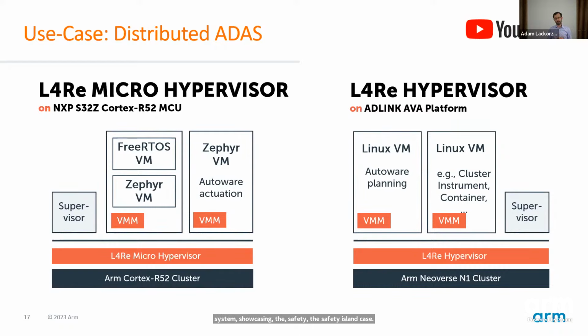This Autoware actuation component is running on the R52, doing actuation work, and all the heavy computing with route planning and so on is done on the powerful Neoverse system. In this demo, they are all connected via Ethernet. And please check out the YouTube video for further info and to actually see the demonstration.